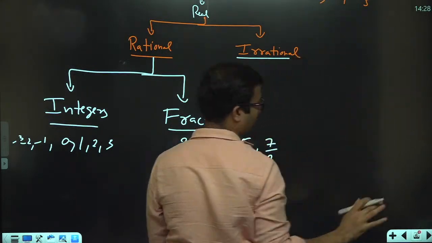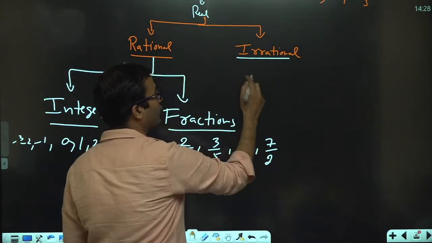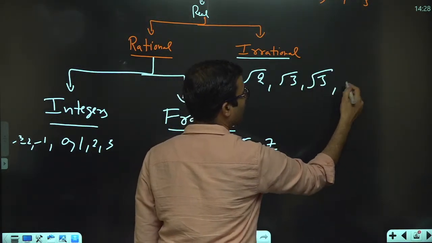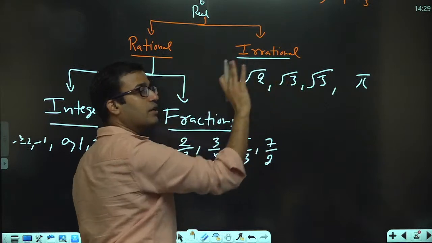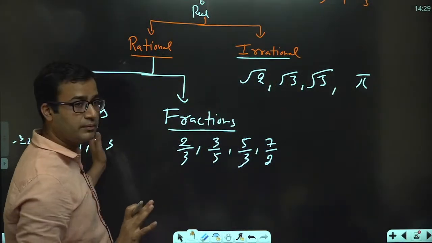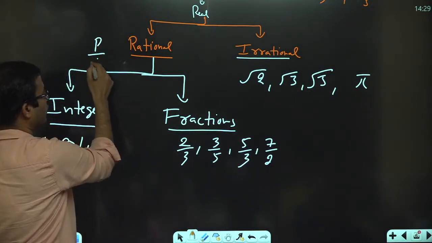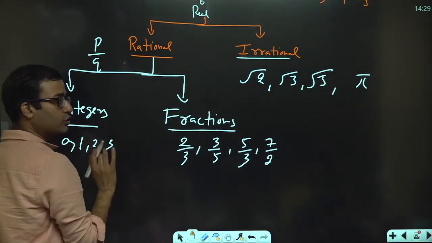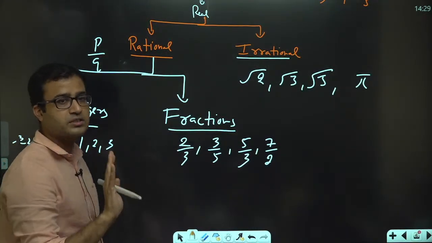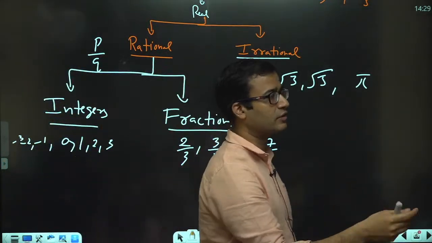For the time being, if you are getting confused, irrational numbers are like under root 2, under root 3, under root 5, pi; this type of expression is irrational. Whereas rational numbers we express in the form p by q, where p and q are both integers, q is not equal to 0, which includes integers plus fractions. Okay, just simplify, don't go after the language of the definition.